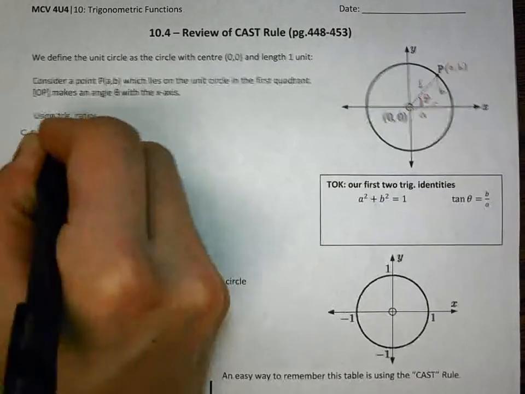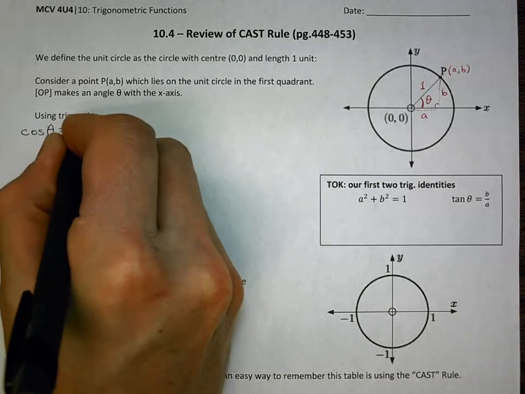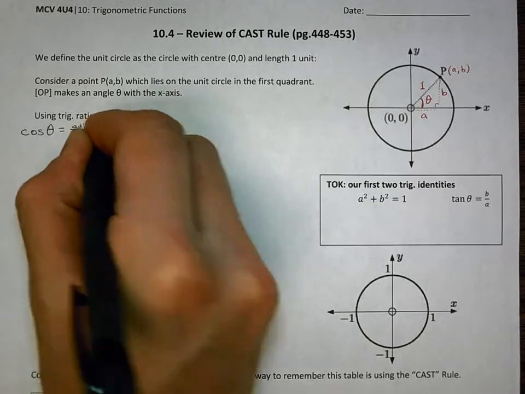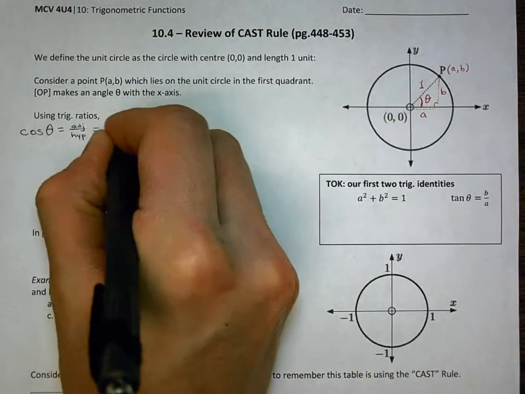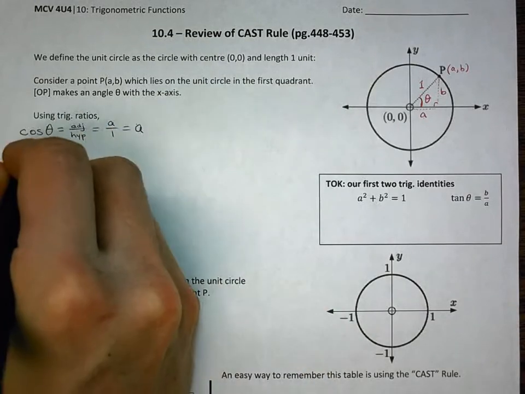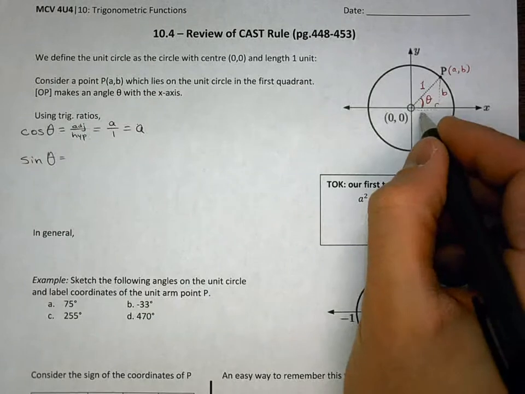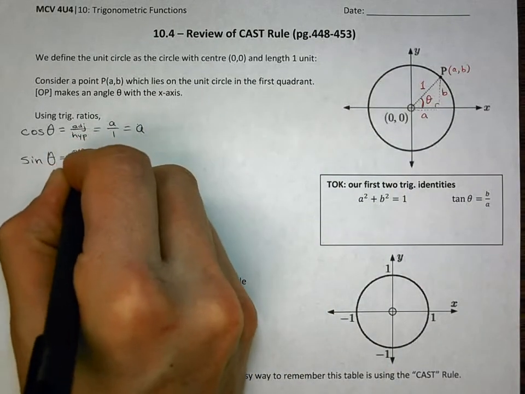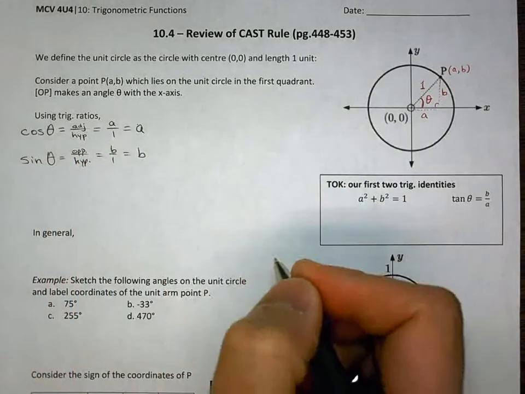Cos theta, let's start with that. We remember, SOH CAH TOA, cosine is adjacent over hypotenuse, so that is equal to a over 1, which is just a. Then consider sine theta, opposite over hypotenuse, which is b over 1, which is just b.